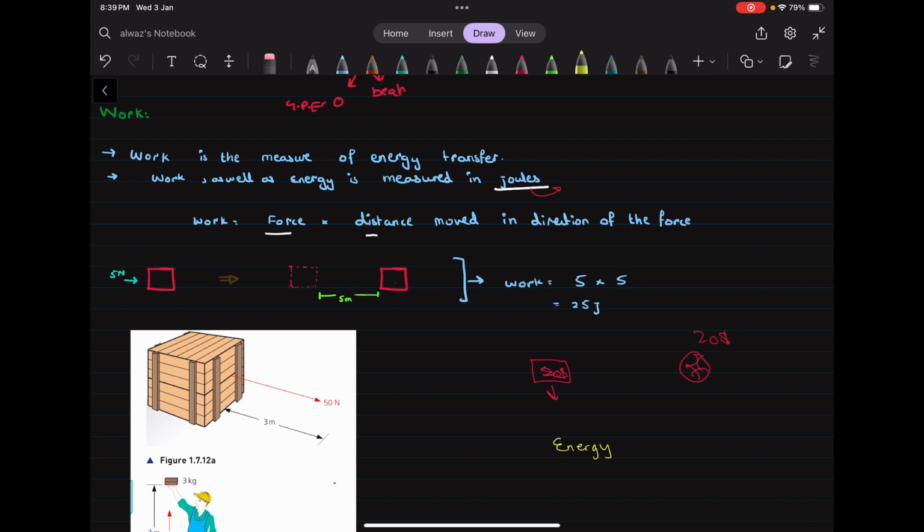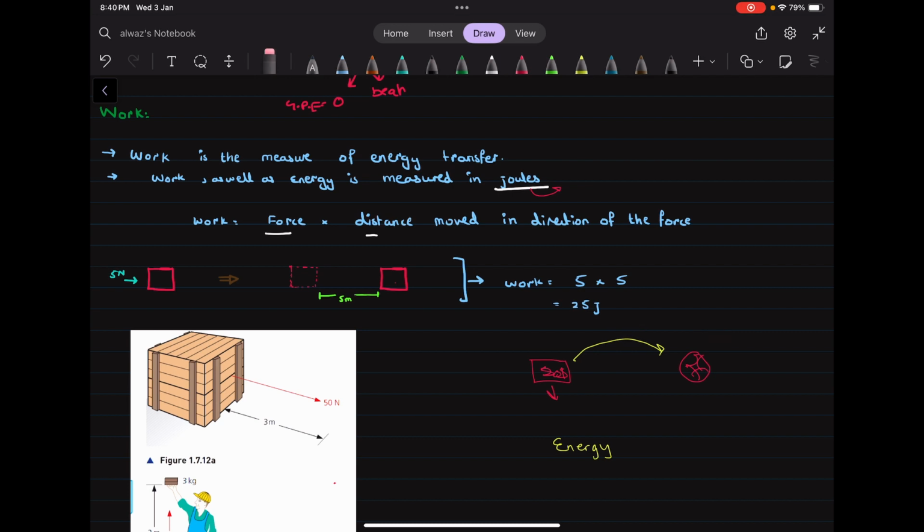And when you actually buy this ball, that's called work. When you have the potential to buy the ball, that is the energy that you have. And when you're buying the ball, you're transferring that $20 bill into the ball. So that is work. That is an example of putting work and energy into simple terms.